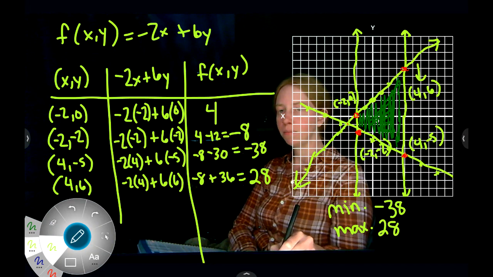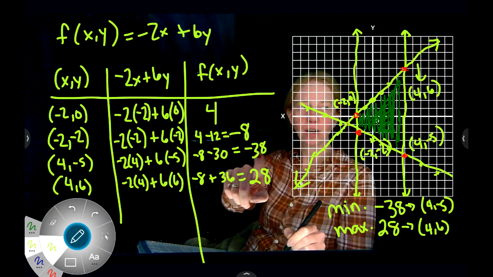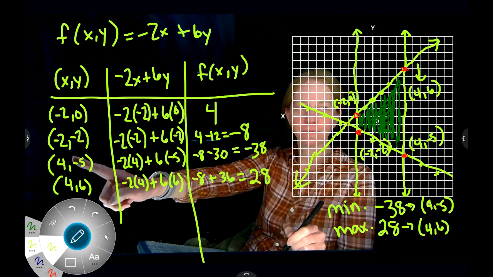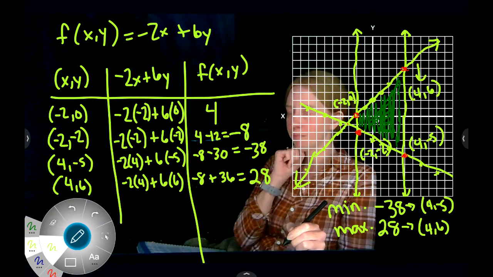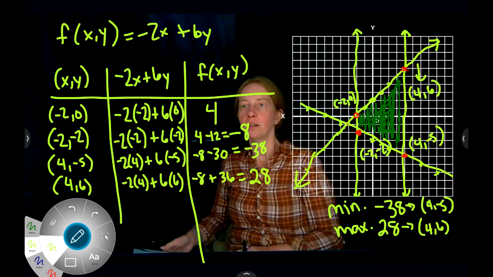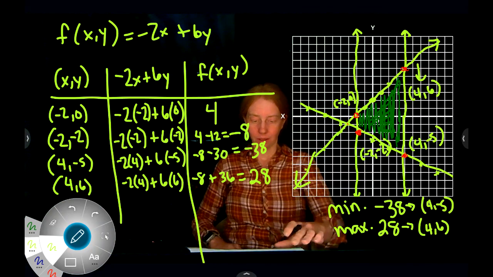The minimum occurs at 4, negative 5. The max occurs at 4 comma 6. And I got that by reading across. So my negative 38 came from this point, my positive 28 came from this point. Okay, so that's the basics of how to do these problems.